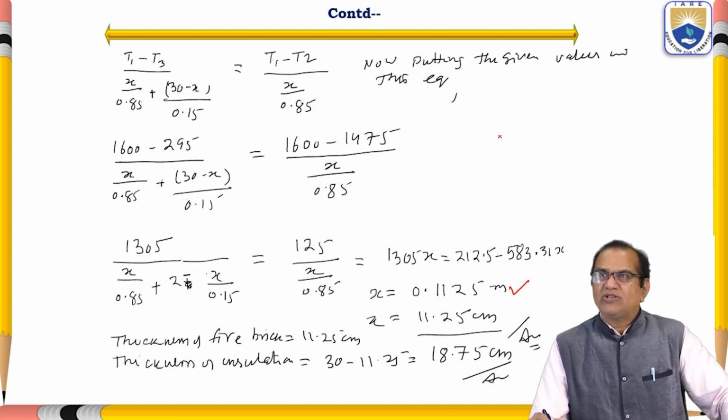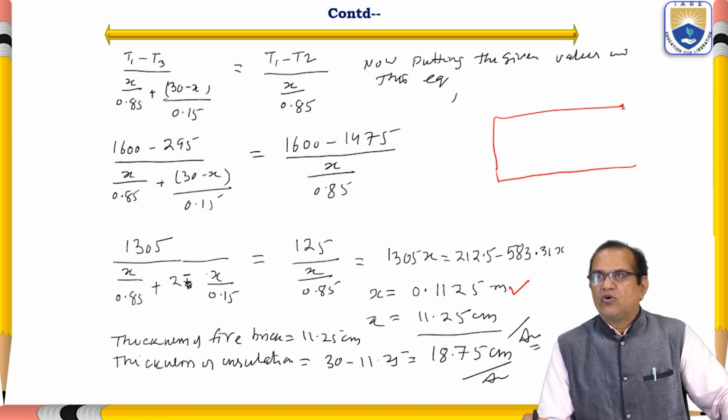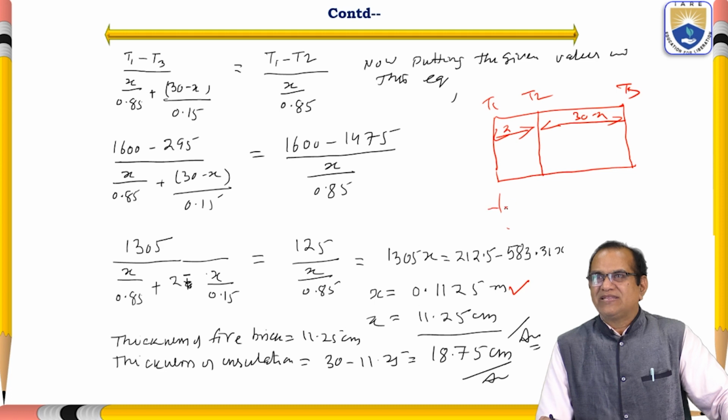So we have assumed that the total here, this is X, T1, T2 and T3. So this is 30 minus X, as the total is 30 centimeter.